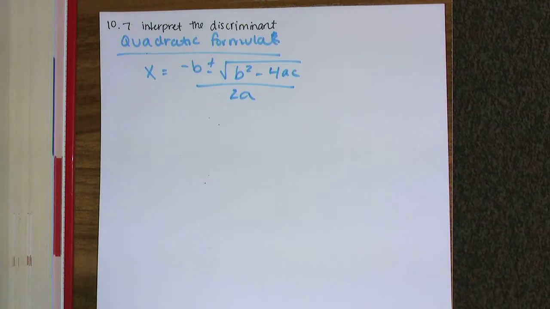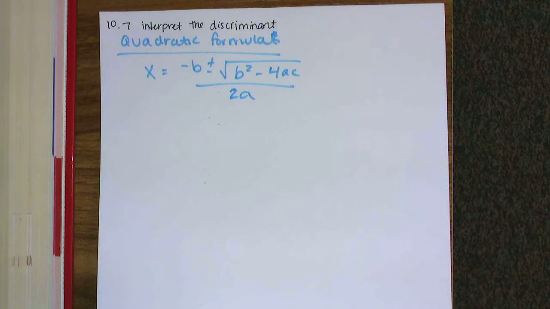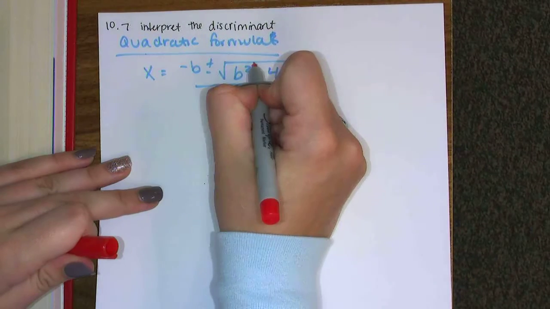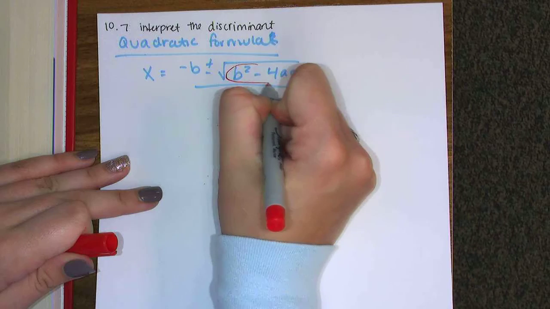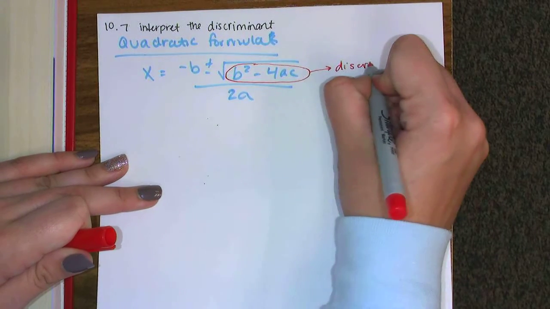Hopefully you have that memorized by now. And I hope you didn't forget it over break. If you did, chant it a couple times, sing it a couple times, whatever you need to do, but don't forget it. Well, this inside part here, this b squared minus 4ac, the part that I've circled in red, is called the discriminant.